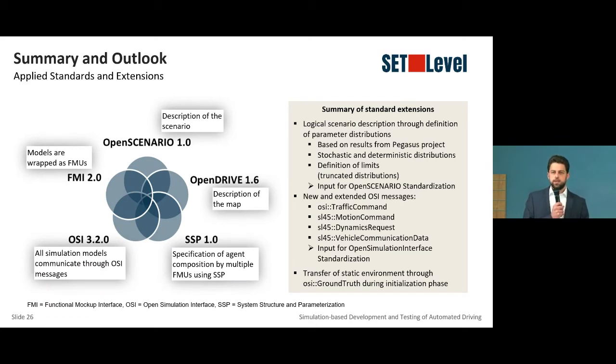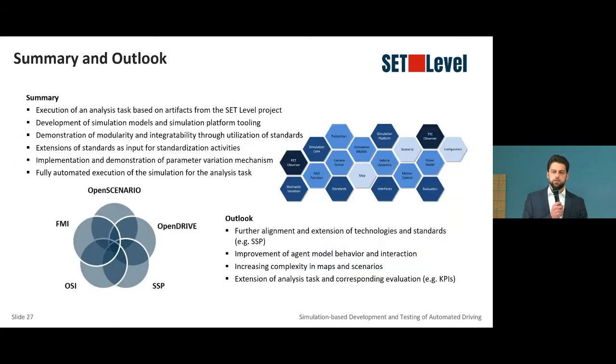Now, aside from those standards, we have today seen how to set up the simulation for an analysis task. In our case, it was the simulation that is needed to identify critical simulations that can then be used during a criticality analysis.